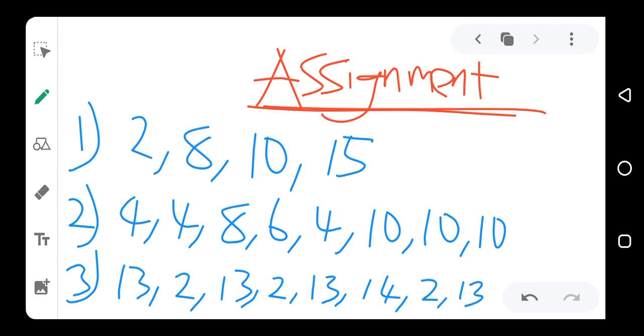Now find the mean of these data sets: 2, 8, 10, 15, 4, 4, 8, 6, 4, 10, 10, 10, 13, 2, 13, 2, 13, 14, 2, 13.